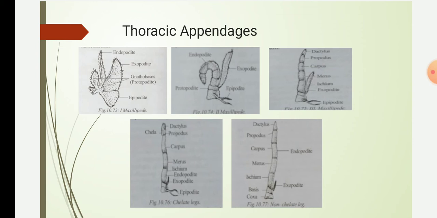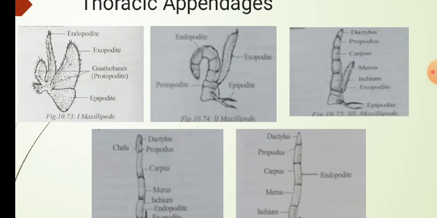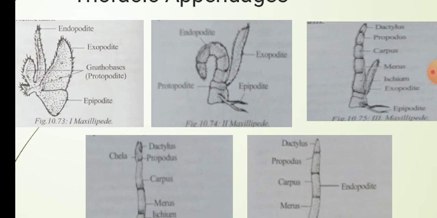The coxa of the protopodite of the first 5 thoracic appendages bears a small process called an epipodite. In this structure we can see the epipodite, which is used for respiration. Remember this, the first 5 thoracic appendages bear an epipodite, which plays an important role in respiration.